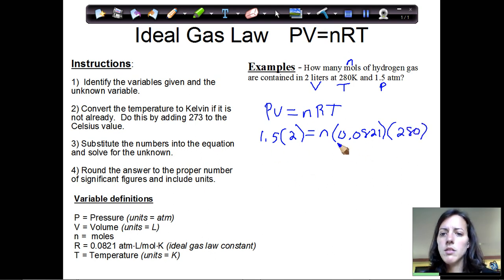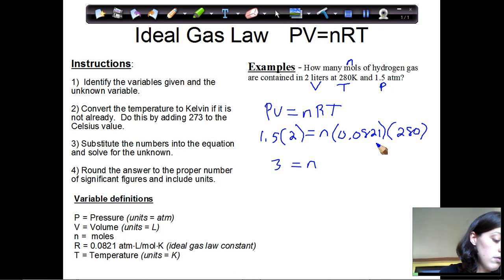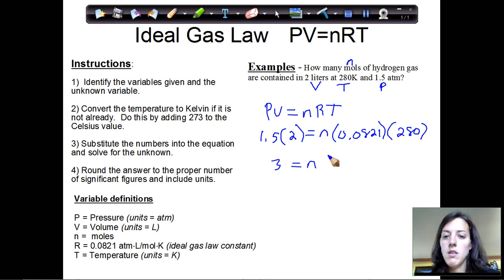So now we can solve for n. 1.5 times 2 is 3, equals n times 0.0821 times 280. It's going to be 22.988. And now we can solve for n, dividing by the number next to n.